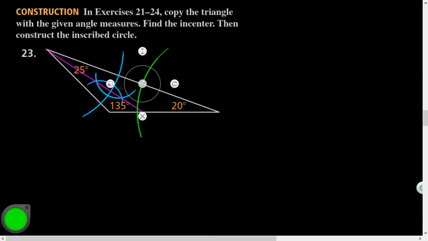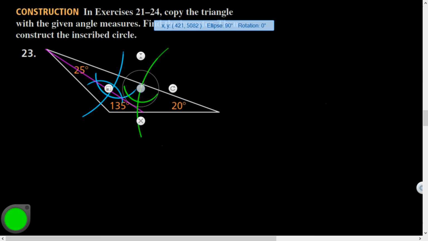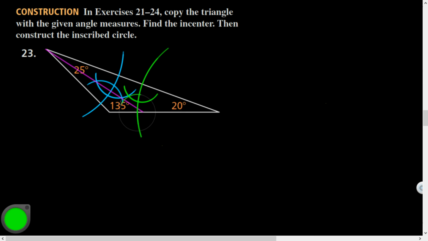Something like that, and draw an arc. And while keeping the radius the same, draw another arc from the other point. And let's connect those dots.